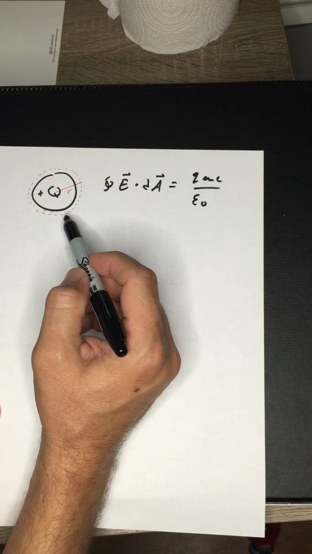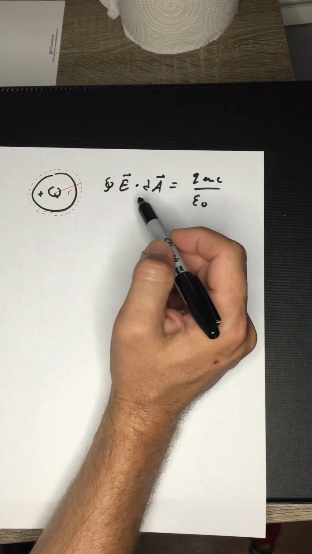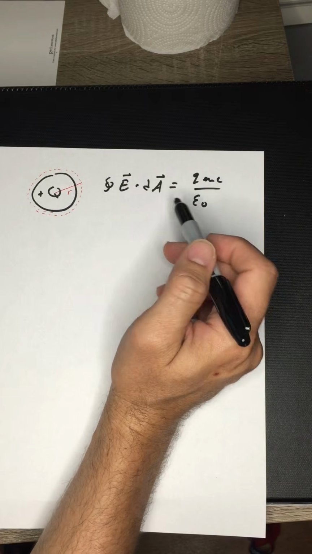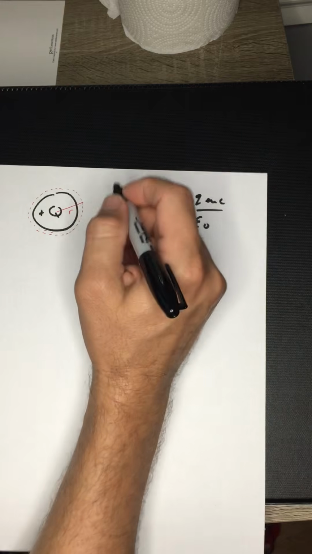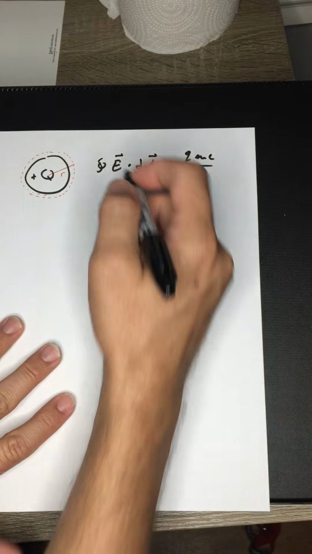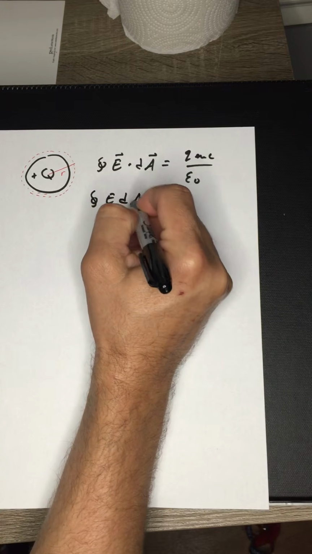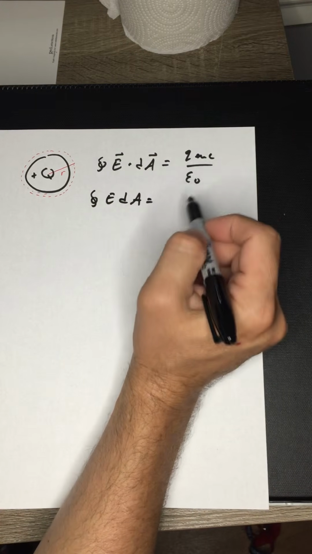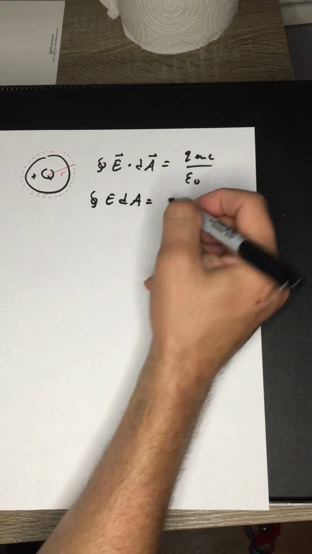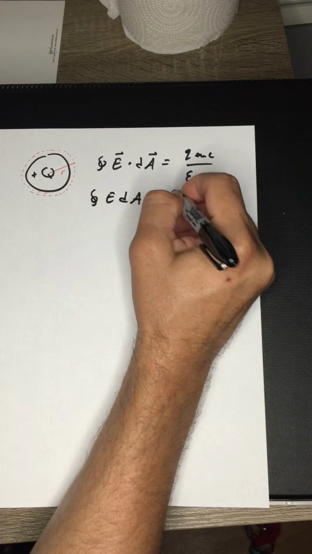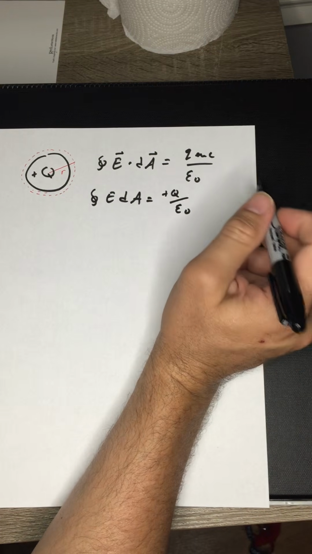As long as my Gaussian sphere is concentric on my actual sphere, I get this lovely situation where E and dA are collinear, and this dot product just becomes the scalar answer, which is integral E dA equal to Q enclosed over epsilon naught. Well, what is Q enclosed? I've enclosed all of the charge, right? I've enclosed plus Q, and that's going to be over epsilon naught.